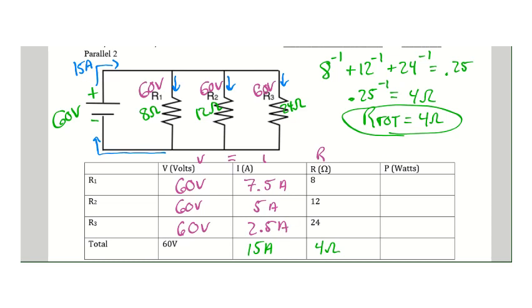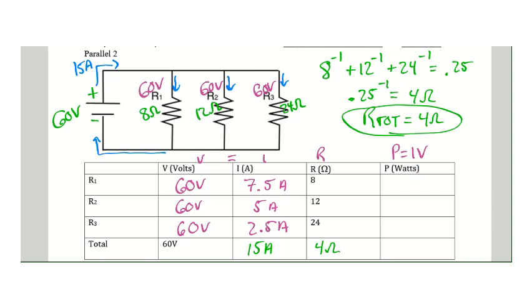So we've now found all of the current in this circuit. So the last thing to do is to complete the power check, which is always going to be power is equal to current times voltage. So we'll find the power through each resistor by multiplying.